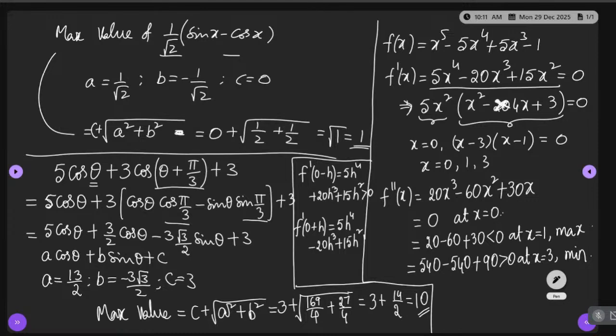When you subtract something from this it will be also positive. There is no change of sign. So 0 is a saddle point. Note down.